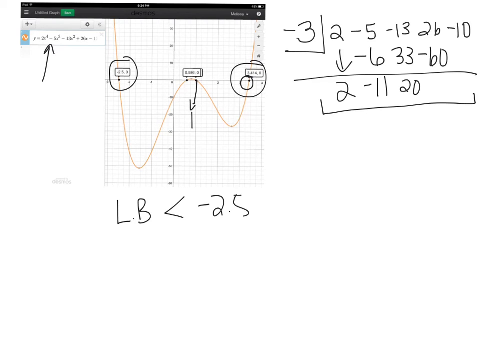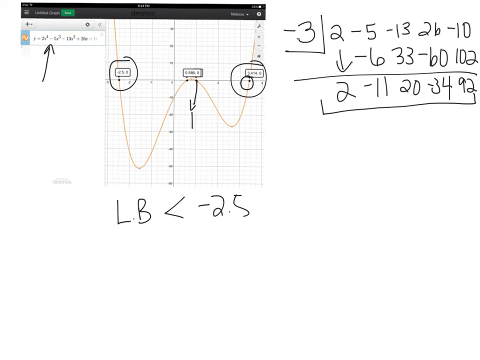Negative 60 plus 26 gives me negative 34. And if I multiply negative 34 times negative 3, that gives me a positive 102. And if I add 102 and negative 10, I get 92.